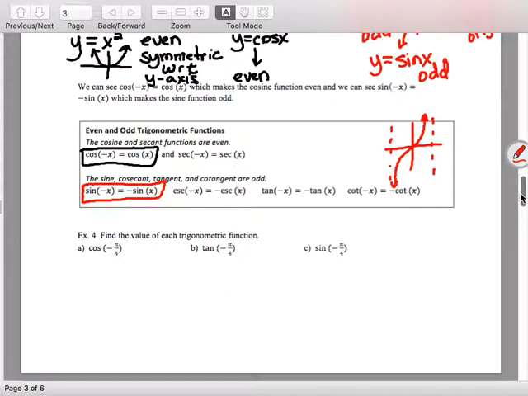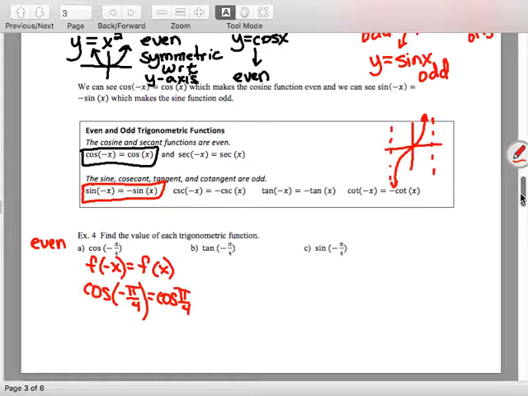So if I look at example 4, it says find the value of each trigonometric function. So cosine is even. What that means is f of negative x is equal to f of x. So the cosine of negative pi over 4 is the same thing as the cosine of pi over 4. So you can either use the unit circle or you can use your 45-45 right triangle.